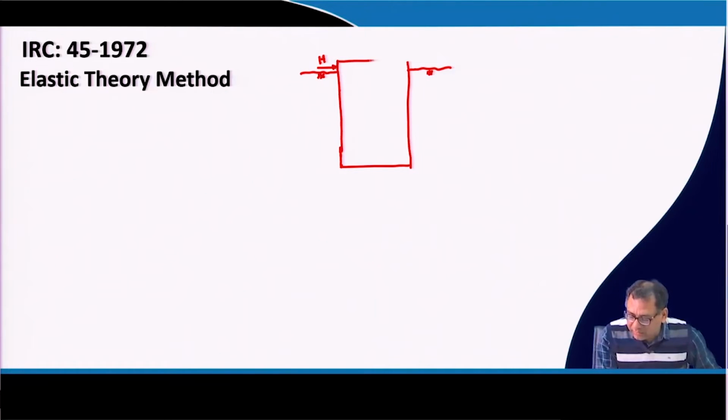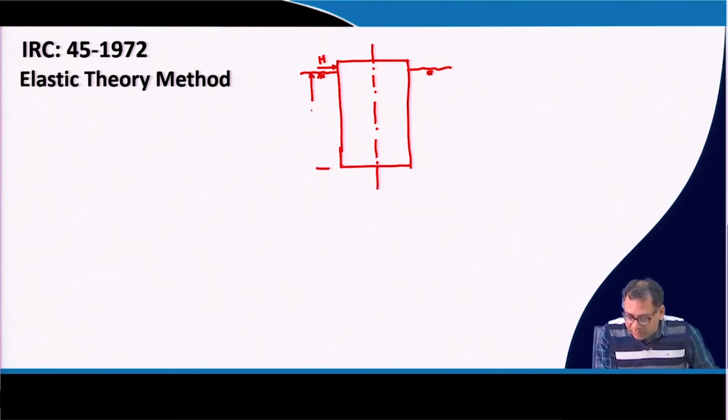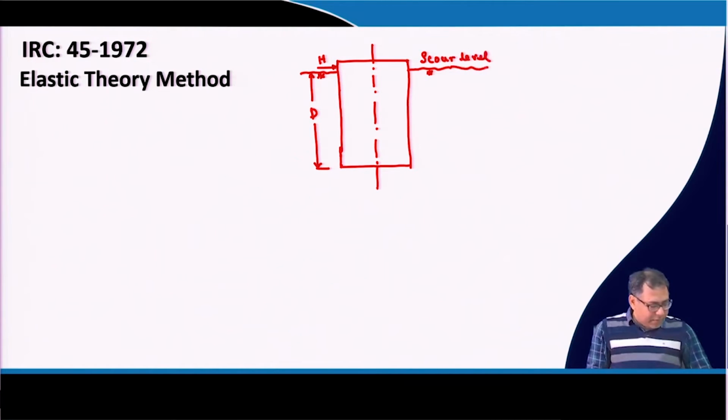So, this is the well and this is the center line, and the total length below the scour level is the grip length. Now, this is the width of the well for a rectangular cross section.